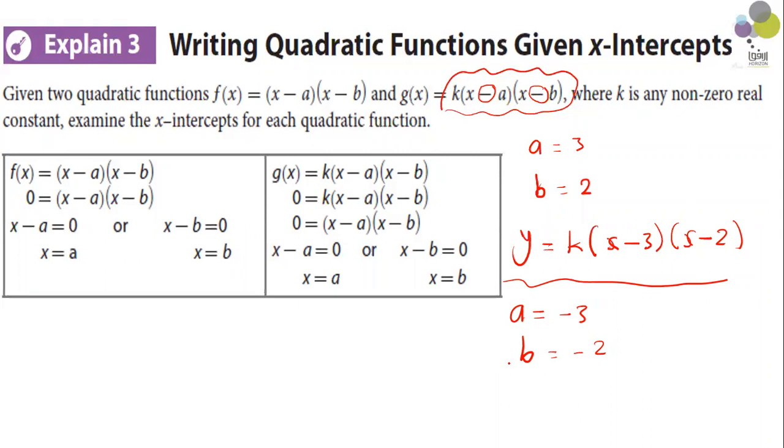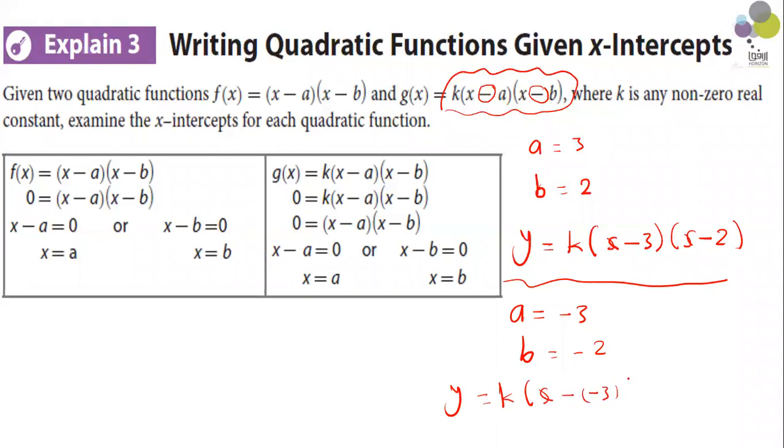Okay? So I will substitute a for negative 3, inside this one. So replace a with negative 3. Don't forget we have negative a. So to rebuild the equation, it will be like this: k multiply x minus a. What's a? Negative 3.